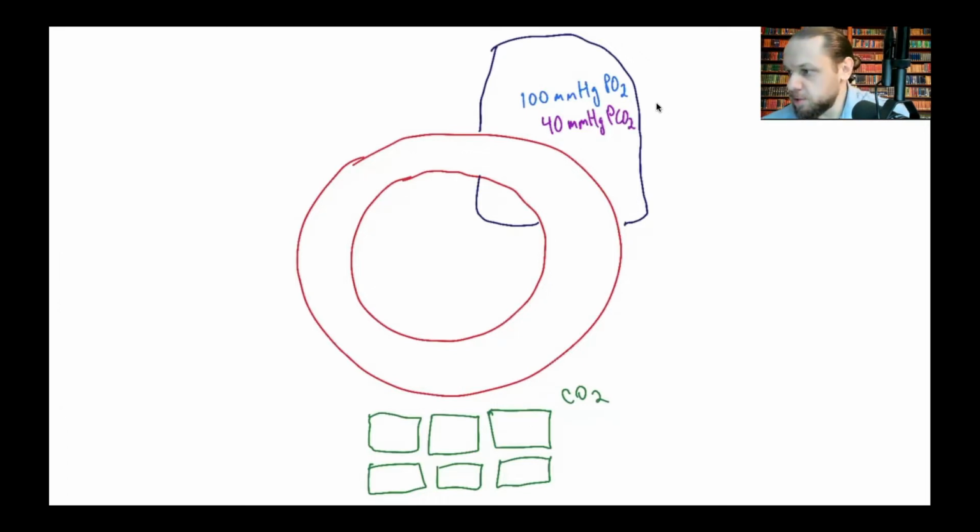And your red blood cells, another name is erythrocytes, that are flowing by here, are predominantly composed of hemoglobin. So the red blood cells are basically bags of hemoglobin. And hemoglobin is essentially the protein that carries oxygen, and it also carries carbon dioxide.